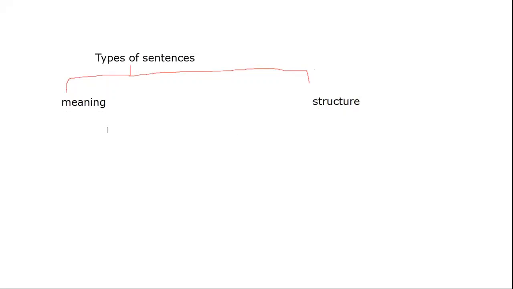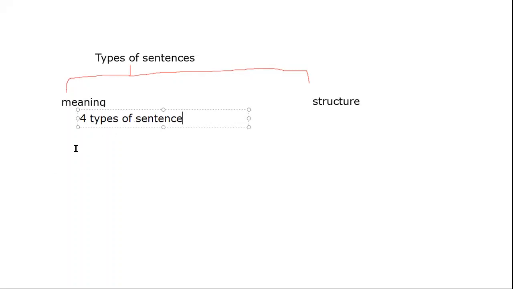दो criteria होते हैं जिनकी basis पे हम divide करते हैं sentence को. एक होता है meaning और एक हो गया structure. Now अगर हम meaning को ज़हन में रखते हुए बात करें, ठीक है ना, so sentence has got four types. There are four types of sentence according to the meaning.